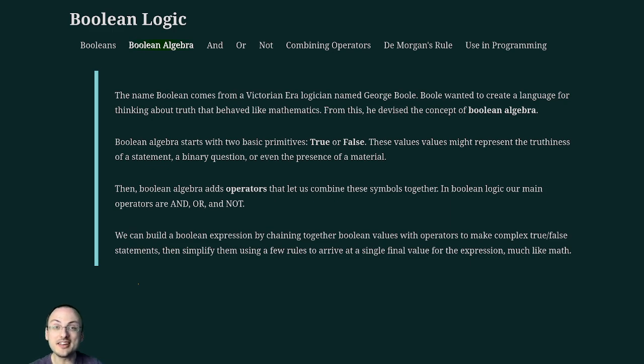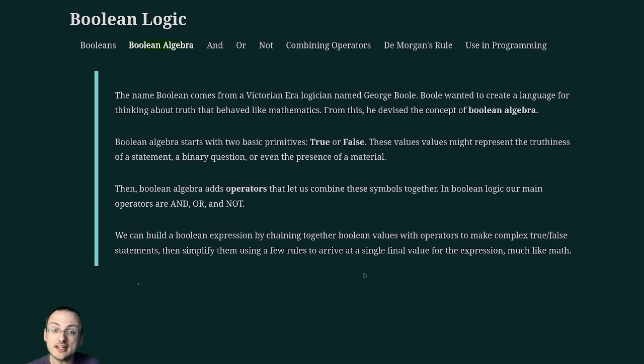He wanted something that was rigidly true or false, and some scientific way to apply some rules to these true and false values in order to have a guaranteed perfect true or false answer at the end of your transformations. And so from this, he devised this concept of Boolean algebra.